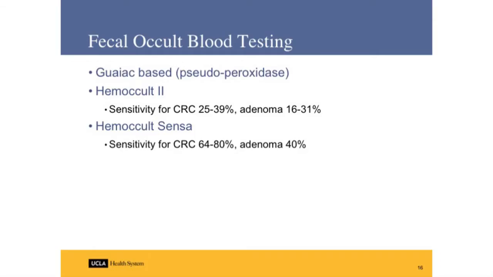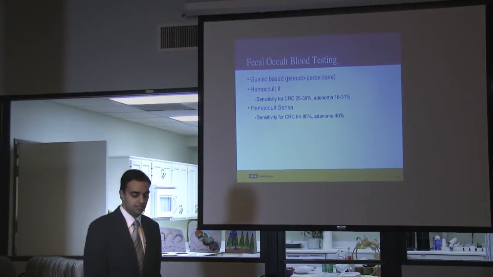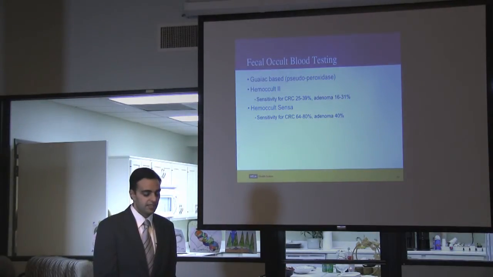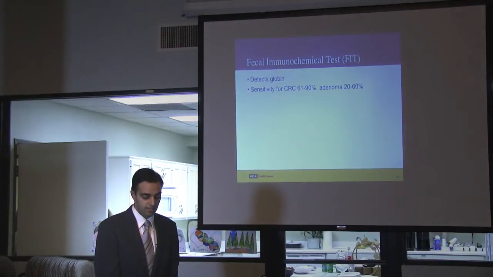So for the fecal or stool occult blood testing, the newest one is the Hemoccult Sensa, which has a sensitivity of 64 to 80%. And if you have a polyp, the sensitivity of diagnosing that is 40%. So as you can see, its ability to detect polyps is not that great, only about 40%.